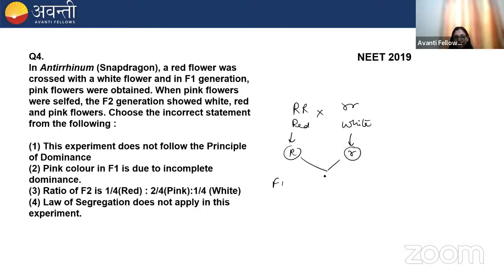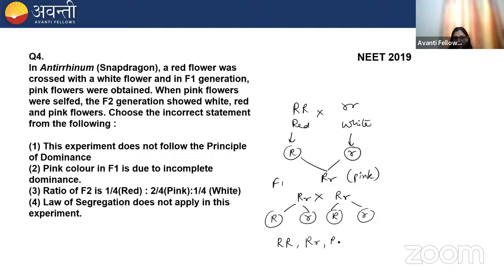So in the F1 progeny, we are getting pink, which is an intermediate. If we self this, this will produce 2 gametes. This will also produce 2 gametes. That means we are getting red, pink, and white in the F2 generation.